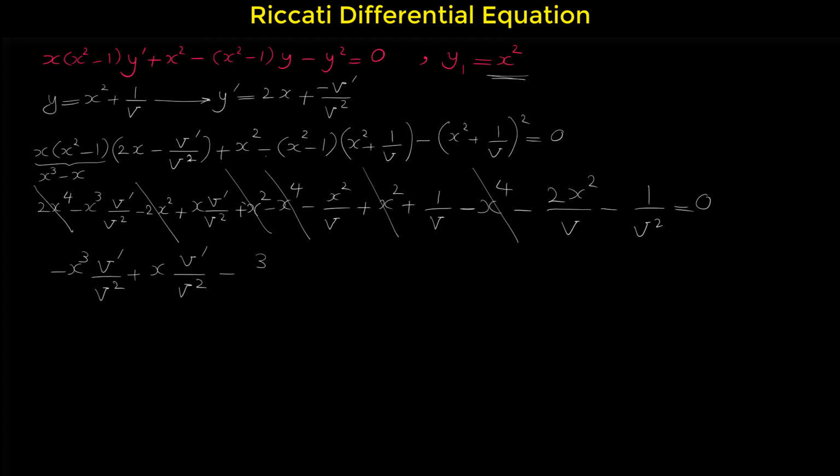So we have negative 3x squared over v. And also this 1 over v remains here, plus 1 over v. And also this term remains, minus 1 over v squared equals 0.